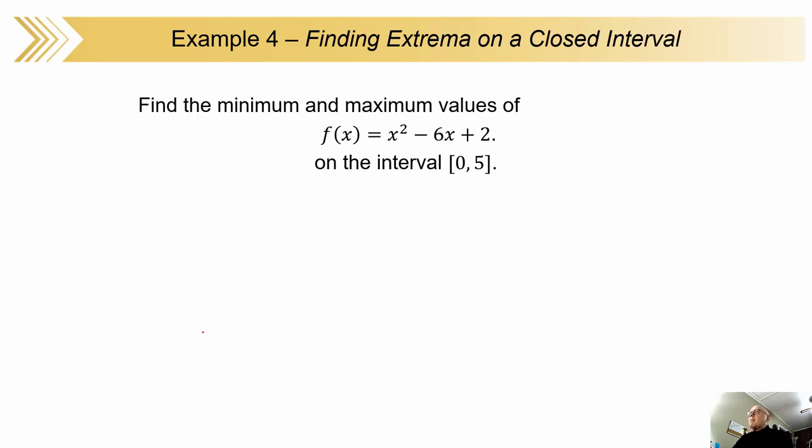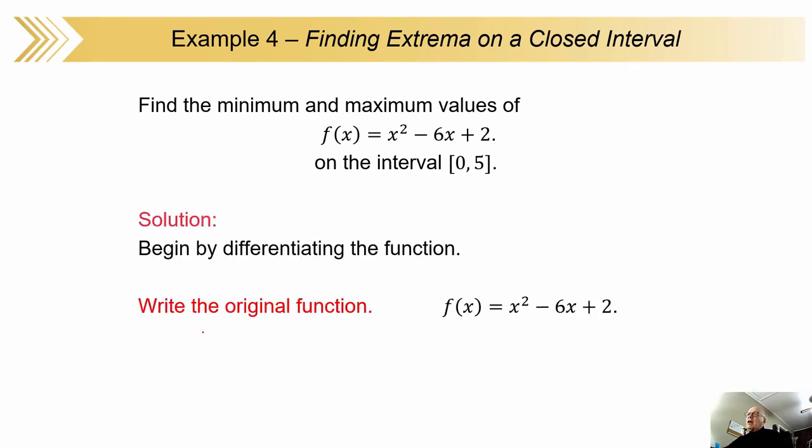So you want to find the minimum and maximum values. Okay, start, write the original function, double check, make sure you wrote it down correctly, because if you don't, then nothing's going to work from here on. Differentiate that. In this case, it's pretty easy.